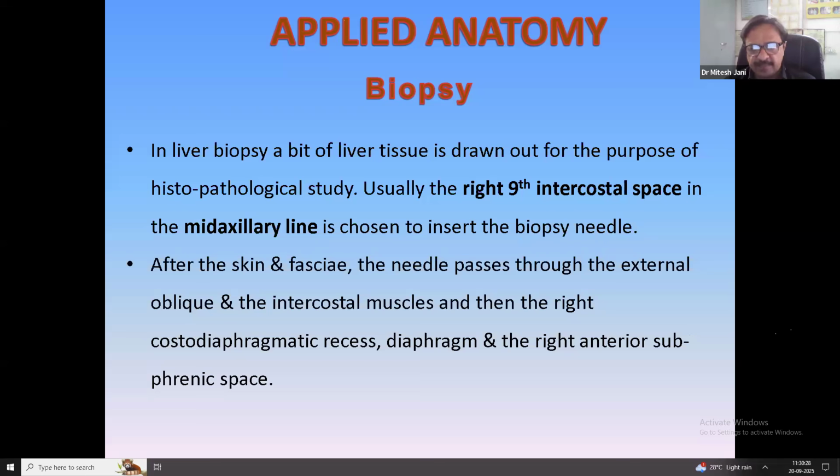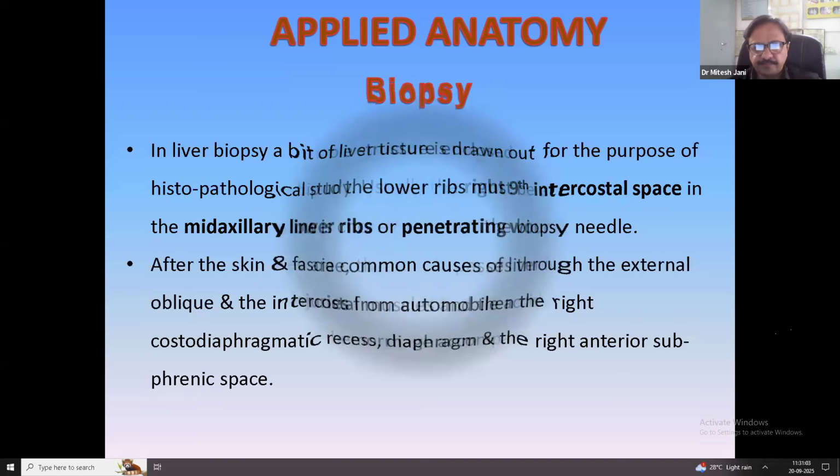This is the specific location through which we can insert the biopsy needle. After the skin and fascia, the needle passes through the external oblique muscle and the intercostal muscles, then the right costodiaphragmatic recess, the diaphragm, and the right anterior subphrenic space. Then we can collect the material and send it for biopsy. And through the histopathological study, we come to know about the disease.